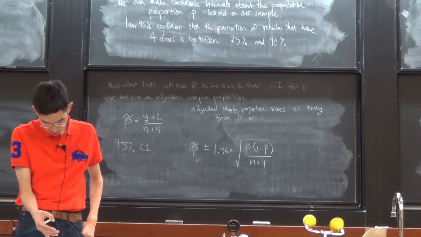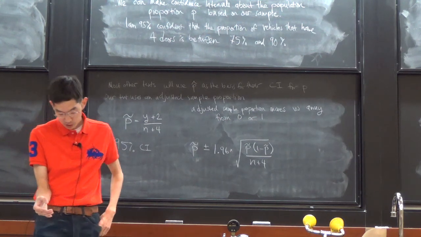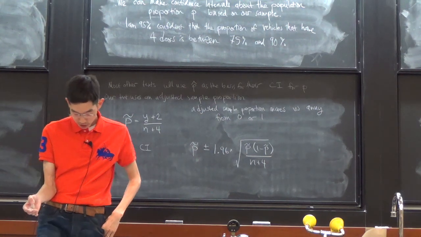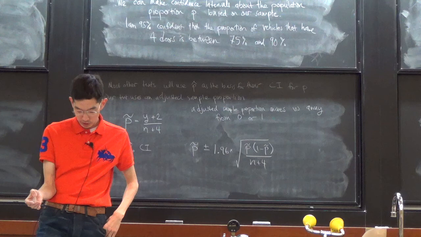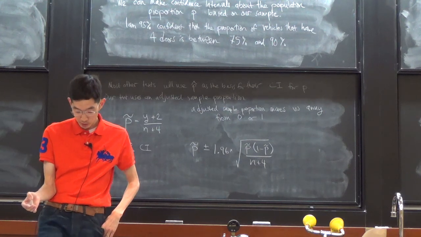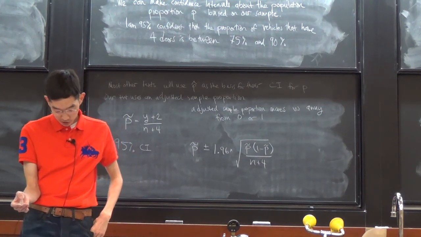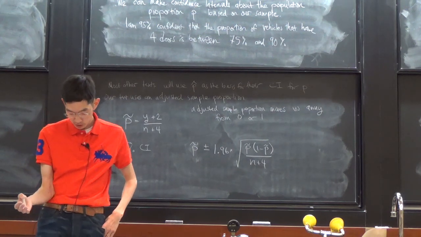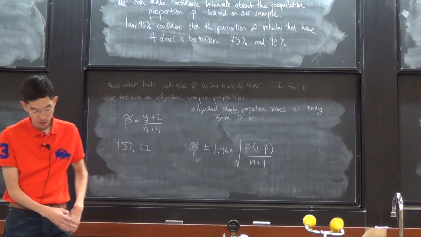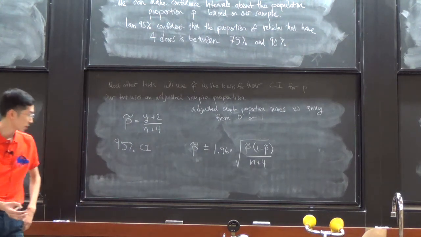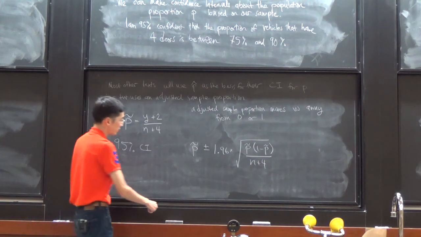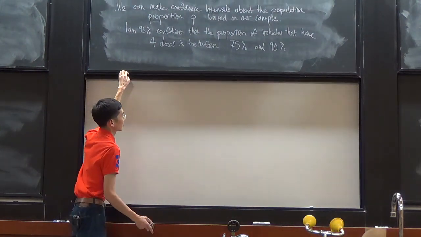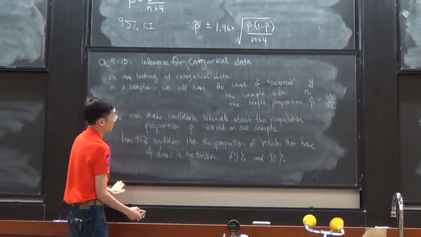So here's an example. As part of the National Survey of Family Growth, 496 women aged 20 to 24 who had given birth were asked about their smoking habits. Smoking during pregnancy was reported by 78 of those sampled, which is 15.7%. Let's make a 95% confidence interval for the proportion in the population.